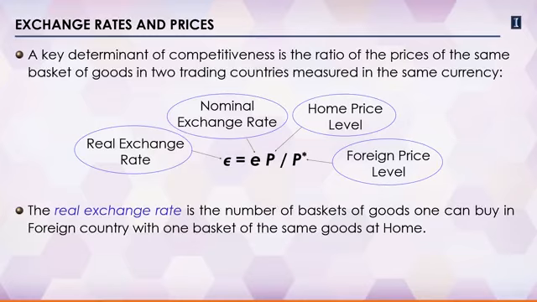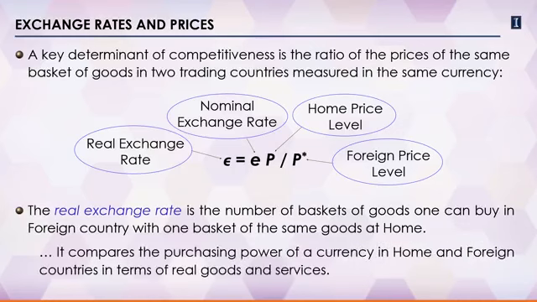It also tells us that the producers in the country can produce goods more cheaply than their foreign competitors. For the consumers, of course, the domestic goods are also cheaper than foreign goods, so there's less demand for foreign goods in this case. The real exchange rate compares the purchasing power of a currency in home and foreign markets. But the purchasing power is measured here in terms of real goods and services.